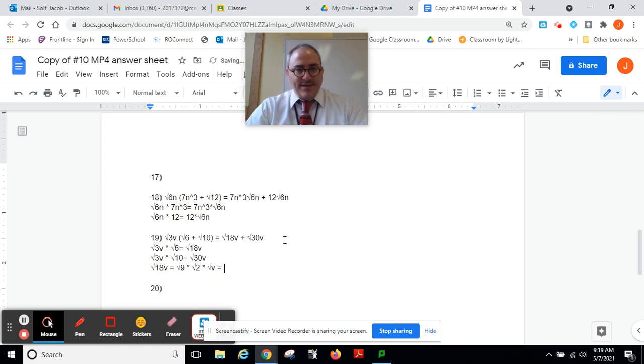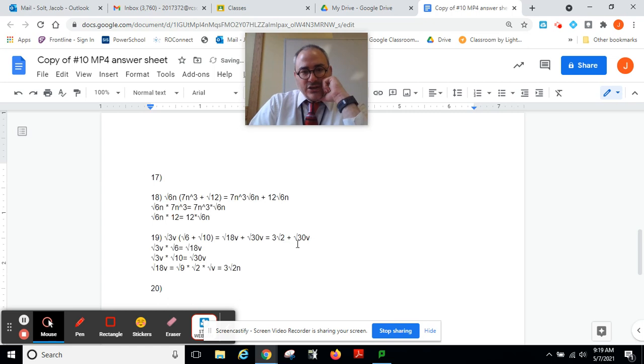I know the square root of 9 is 3, and then I can combine that with what I had before. So radical 18v is really just 3 radical 2. So I can say 3 radical 2 plus radical 30v.